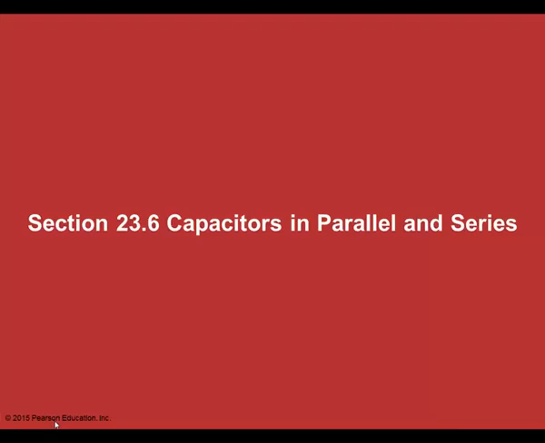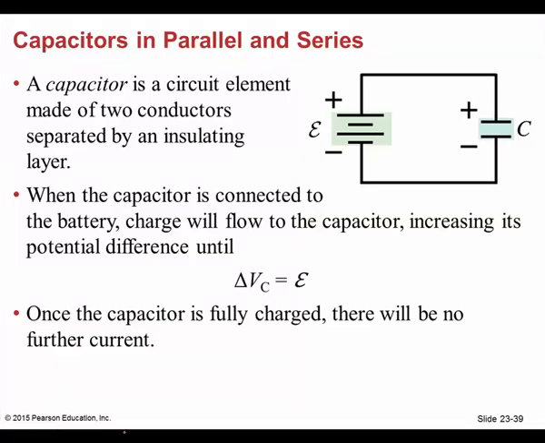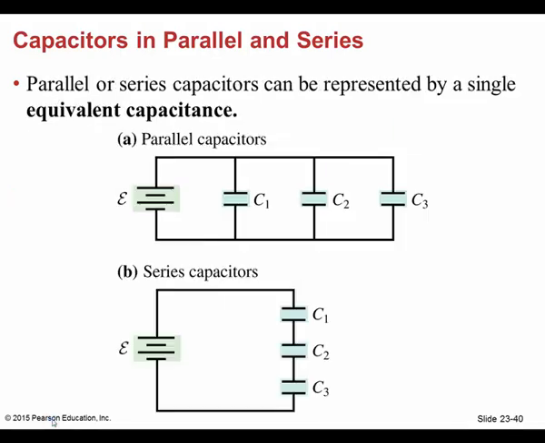Now, let's move on, talk about capacitors in series and parallel. Of course, a capacitor we know is a device that stores charge, stores voltage, and of course we know that the potential difference across the capacitor is going to be equal to our EMF source. And you have different arrangements with capacitors just like you do with resistors.